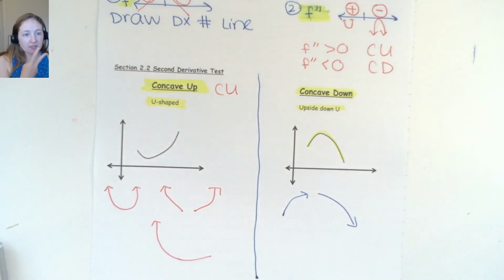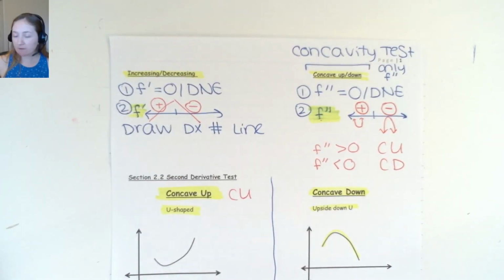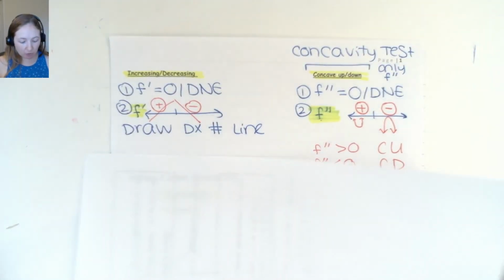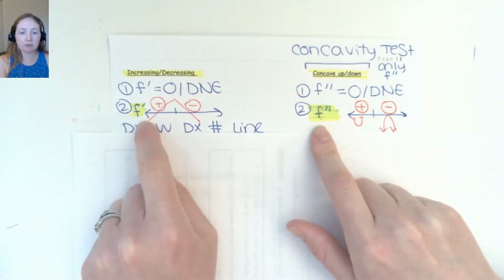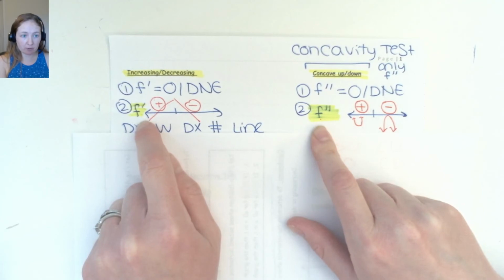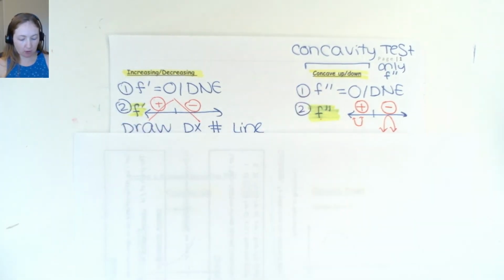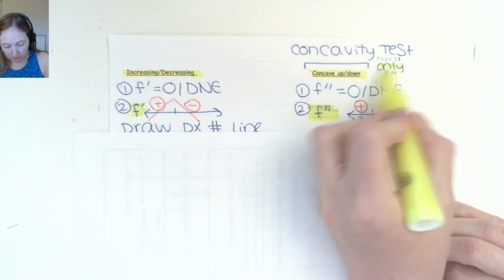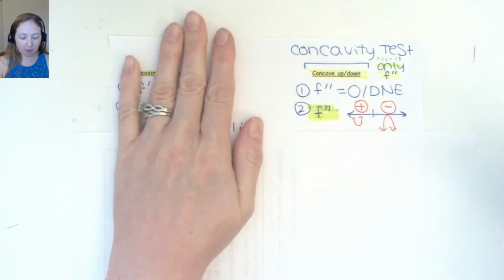So there's two things that I want you to take away from this note page. The first is we're seeing a very similar process to what we did in the last unit. We're going to be setting a derivative equal to 0 and drawing a derivative number line. Now with concavity, we're going to be looking only at the second derivative, repeating this process, but now with the second derivative.